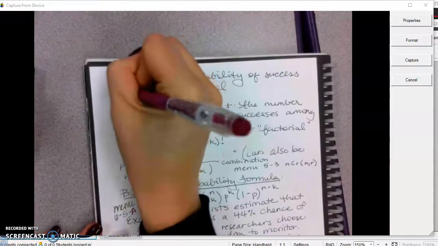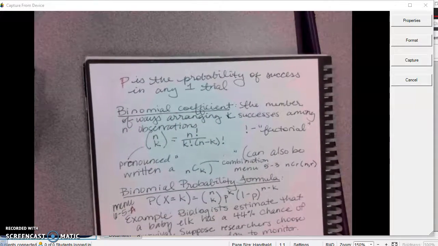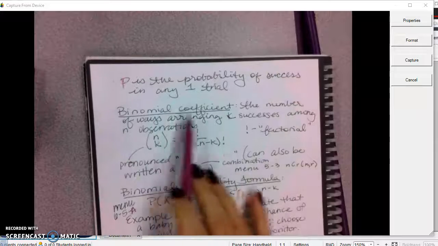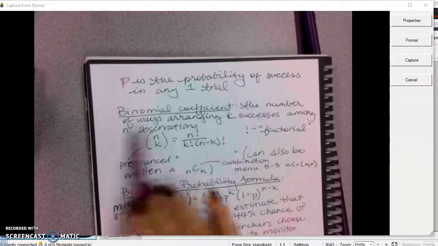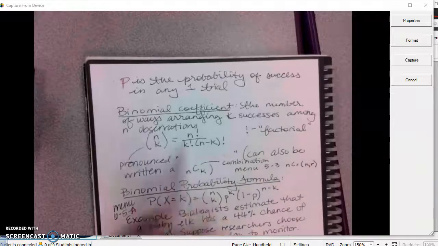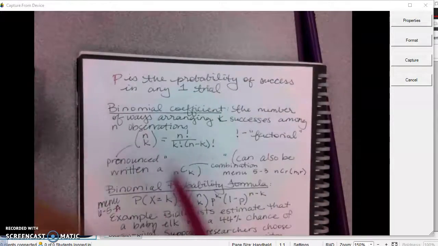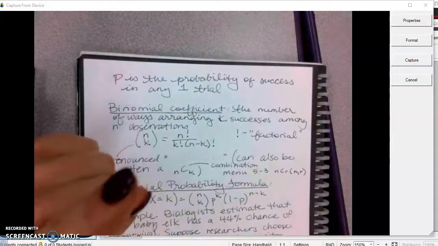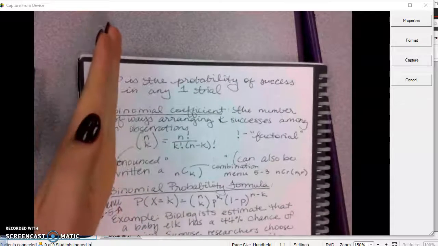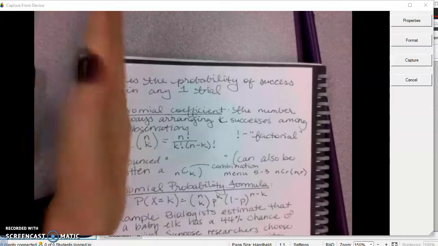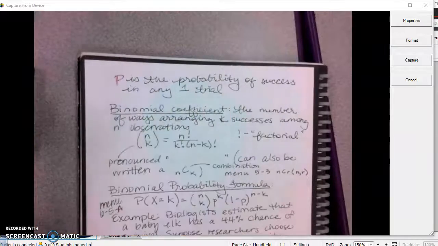All right. So p is the probability of success in any one trial, and you can find the binomial coefficient, so the number of ways of arranging k successes among n observations. So if you have 5 coin flips, let's say, and you want exactly 1 head, well, you could get exactly 1 success on the first try, or it could be on the second, third, fourth, fifth.